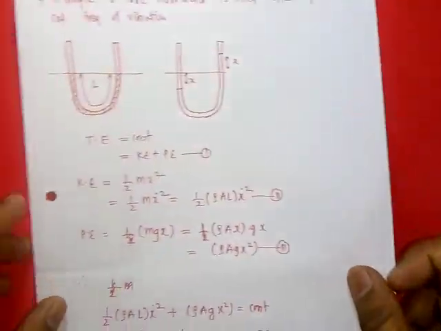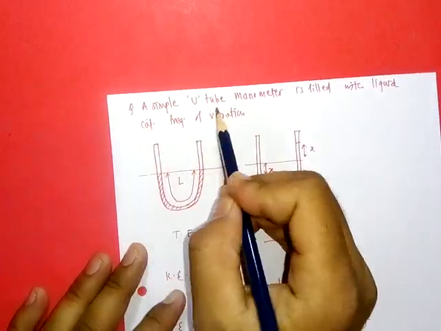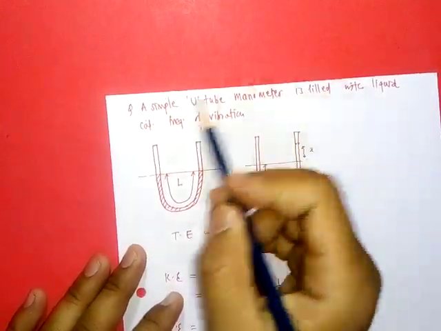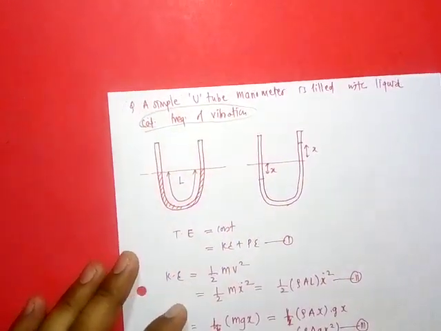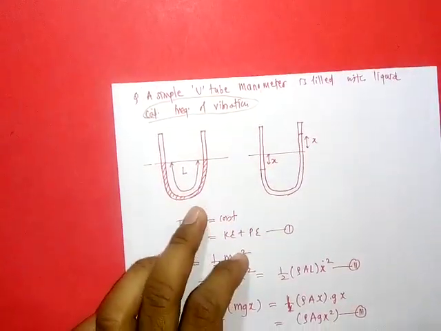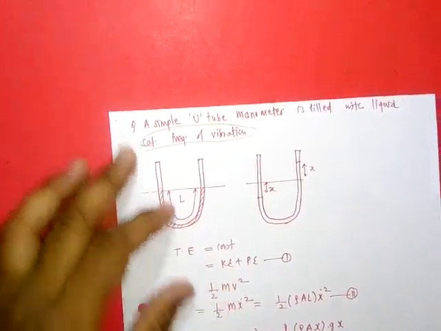Now we'll solve another problem. A simple U-tube manometer is filled with liquid, and we calculate the frequency of vibration. Here we are again using the total energy method because it is a simple one.